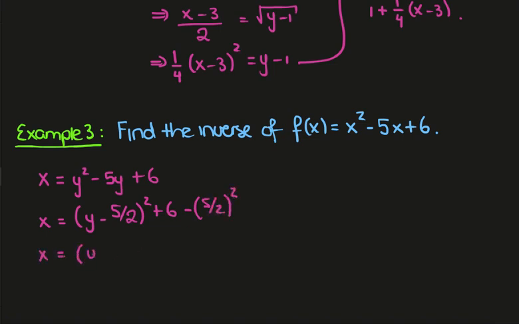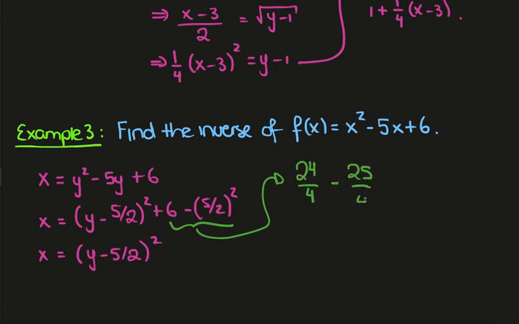So x is equal to y minus 5 on 2 squared. And then we're going to have, let's do this a bit separately. So we're going to have 24 over 4 minus 25 over 4. So this is just minus 1 over 4.